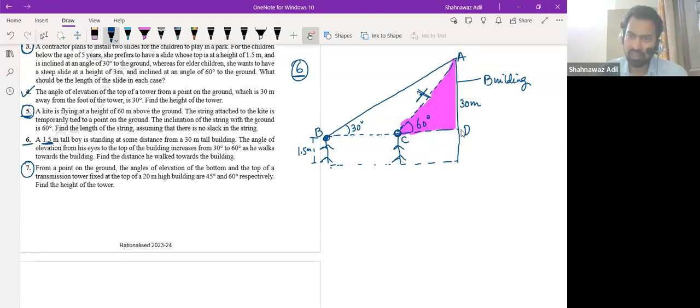We need this distance, right? So this is 30, this is 60, and this is whatever it is. So what trigonometric ratio will we use, Amar, to calculate CD? Let's say this is Y, this is X. We want to calculate X. So what trigonometric ratio, Amar?